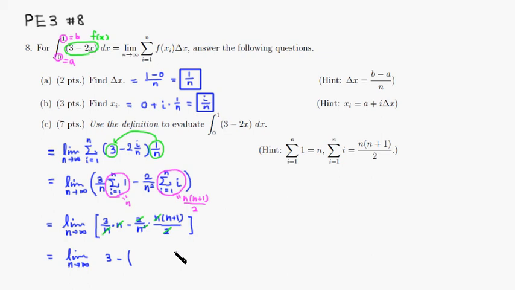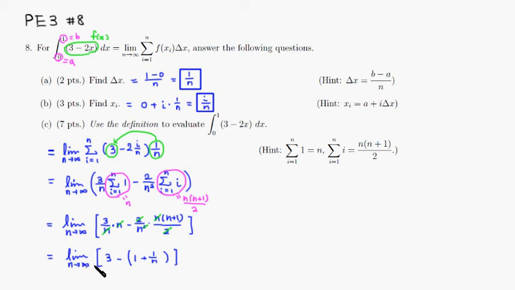and this is a little tricky, so we need to simplify here. So it's (n plus 1) over n, so n divided by n is 1, and 1 divided by n is 1 over n. Then we can take the limit.